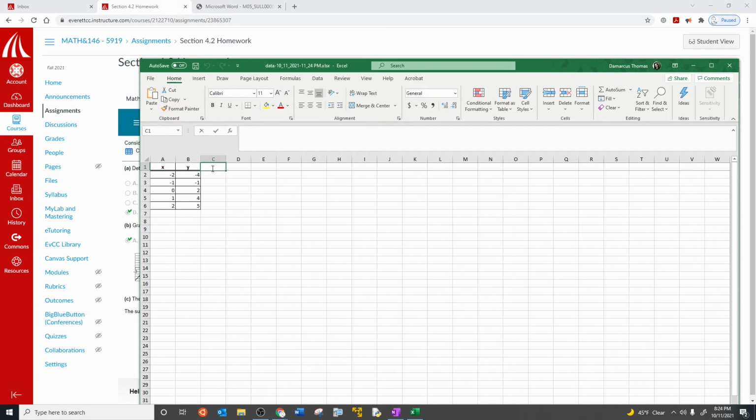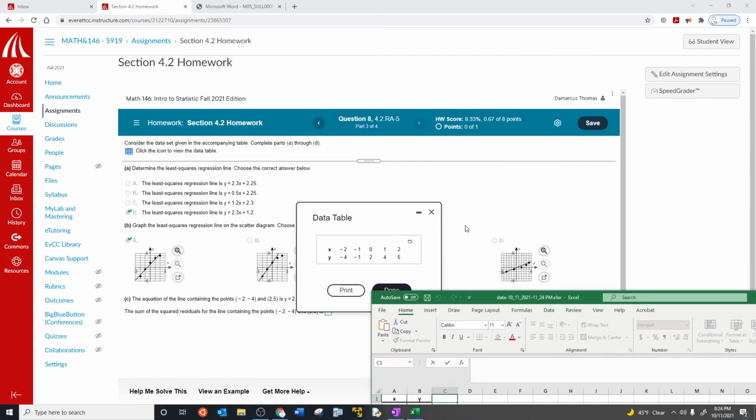So we're going to calculate y prime here using that formula.